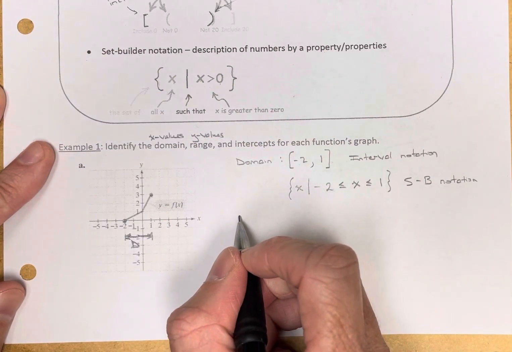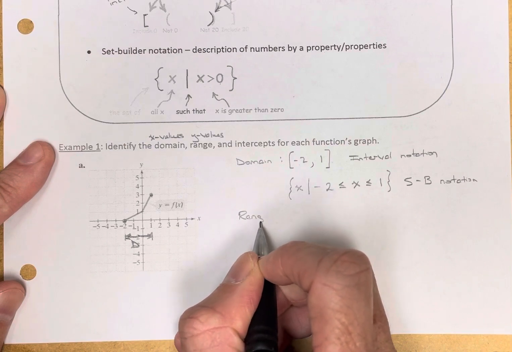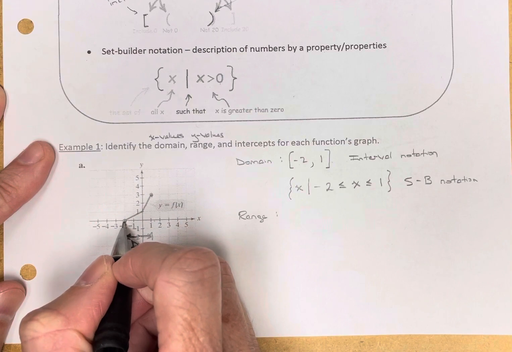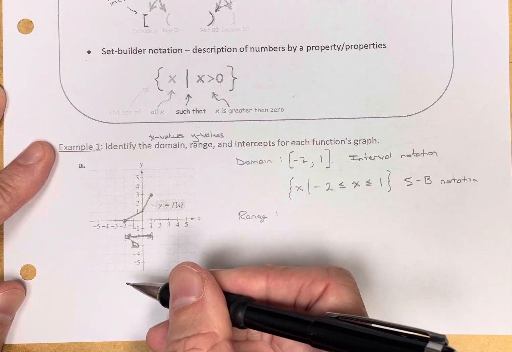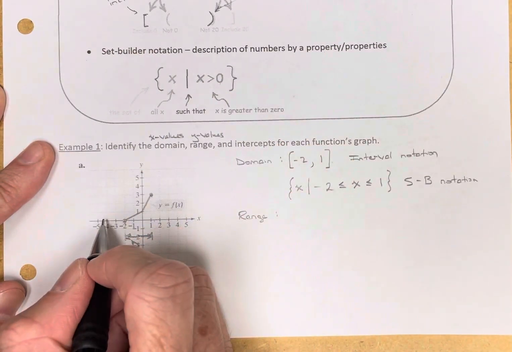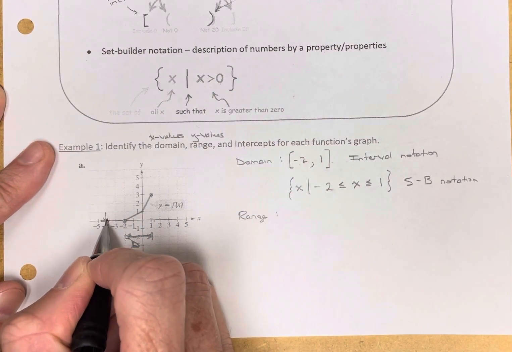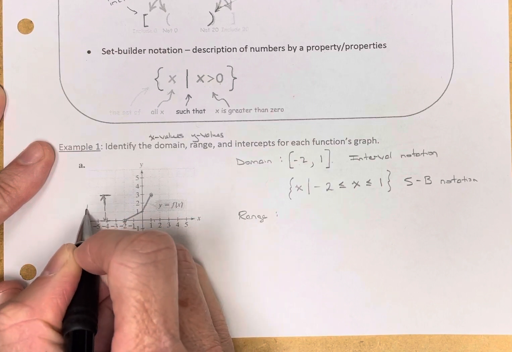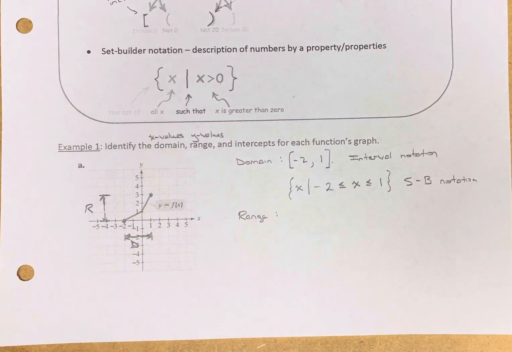So what's the range? Well, the range is the y values. The y values, going from smallest numbers to the largest numbers, means going from bottom to top, and we're going from here to here. So this is the range in this particular graph.